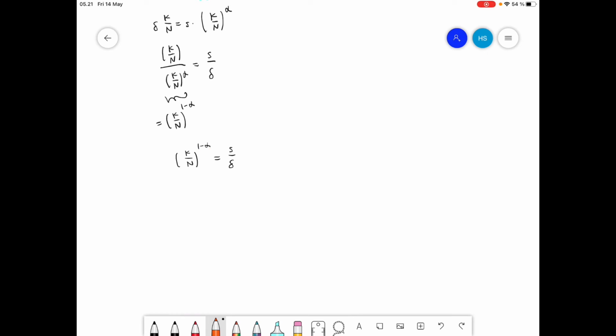And what is the inverse? Well, the inverse of 1 minus alpha, that is 1 over 1 minus alpha. So raise both the left and right hand side to the power of the inverse. Remember, everything that I do on the left hand side, I also have to do on the right hand side. 1 minus alpha cancels out.